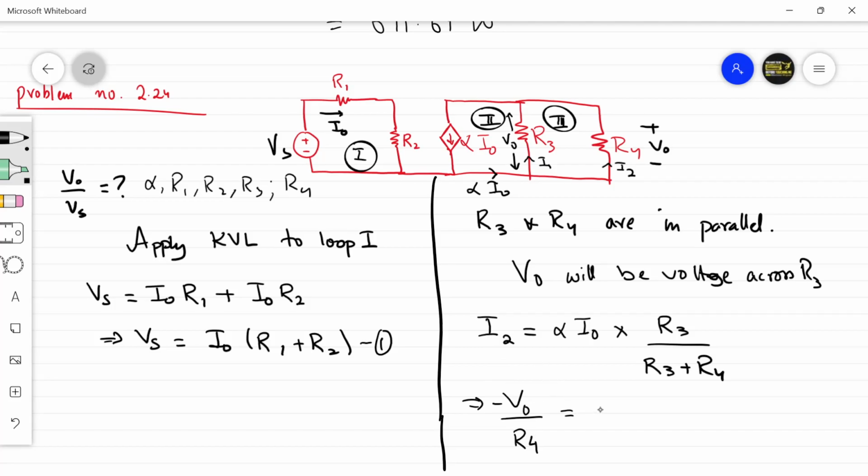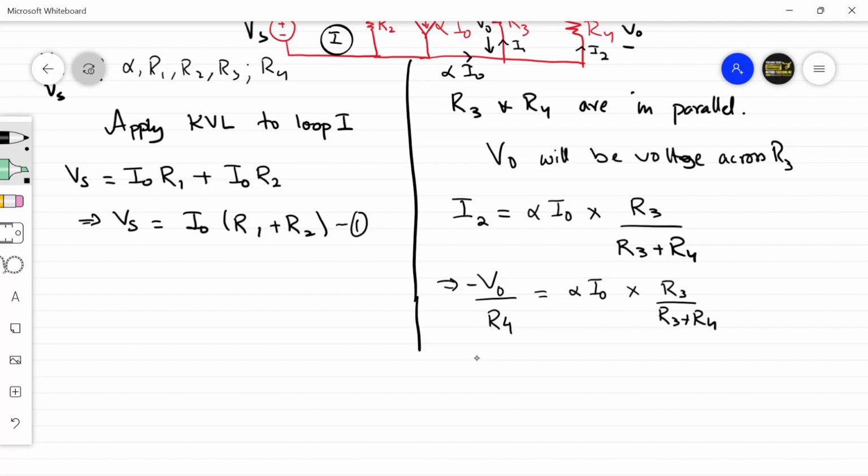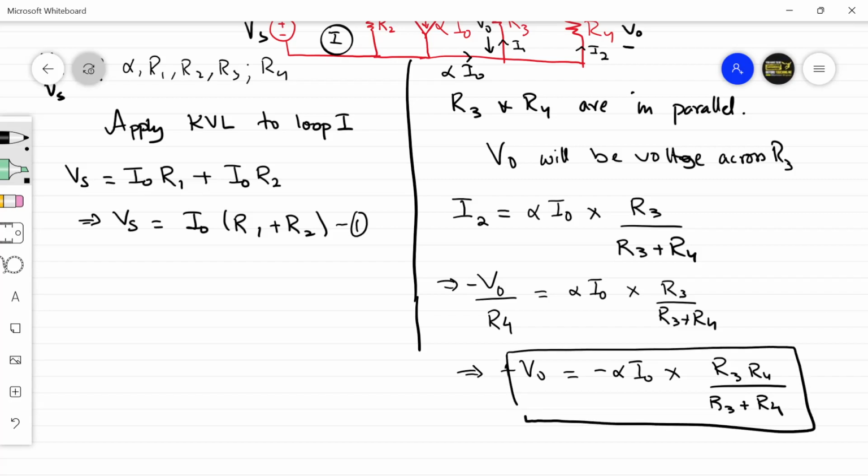So minus V naught by R4 is equal to alpha I naught into R3 divided by R3 plus R4, which implies V naught is equal to minus alpha I naught into R3 R4 divided by R3 plus R4. So this is V naught. This is equation number 2.